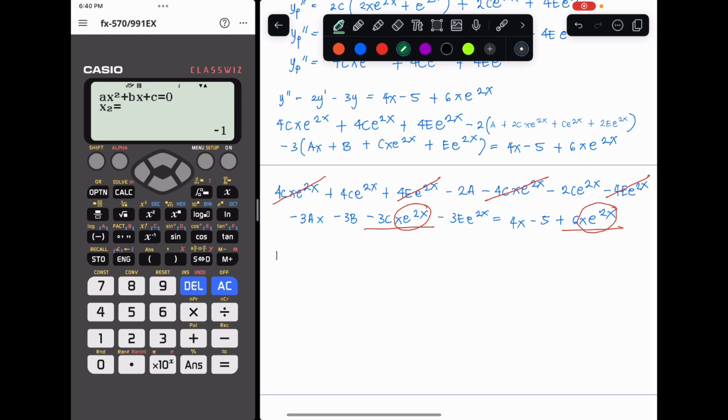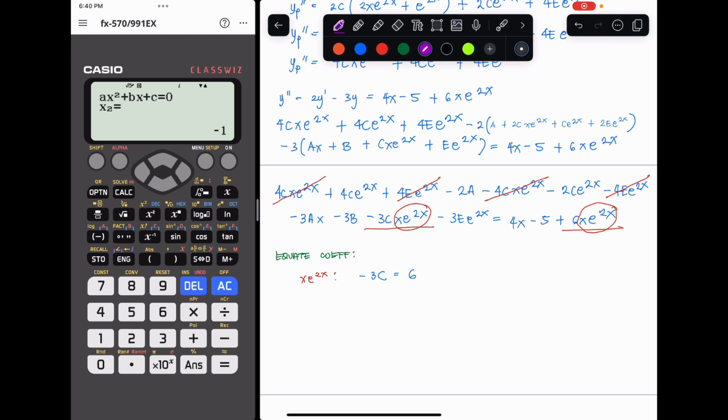So we equate the coefficients involving x e2x first. So x e2x, I'll just have a negative 3c is equal to 6.